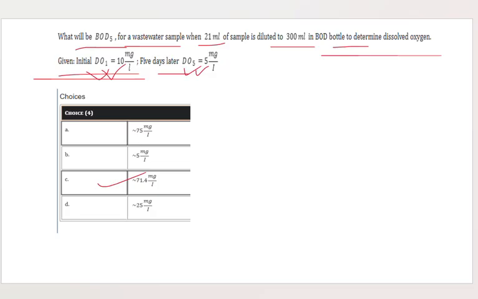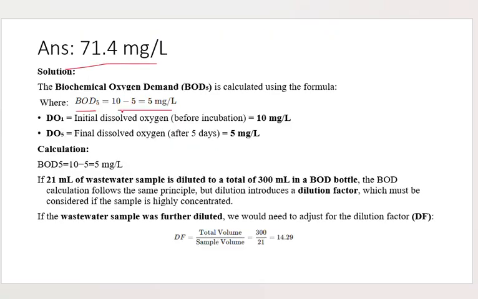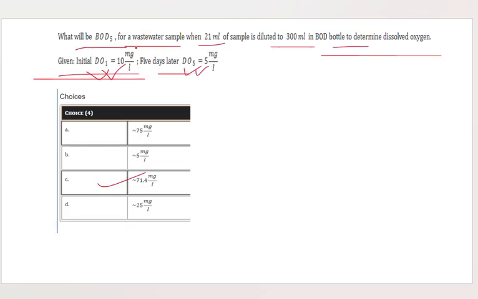So we subtract 5 from 10, and the answer is 5. However, this question is for a wastewater sample, so dilution is used in this equation. So we need to use a dilution factor.